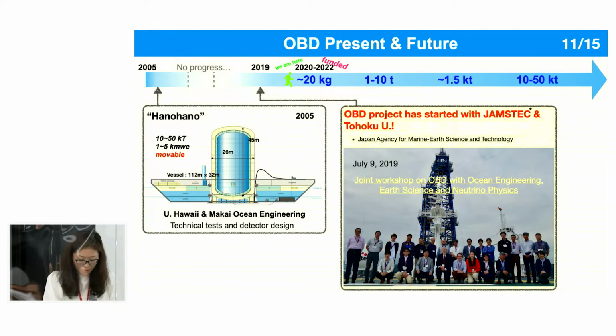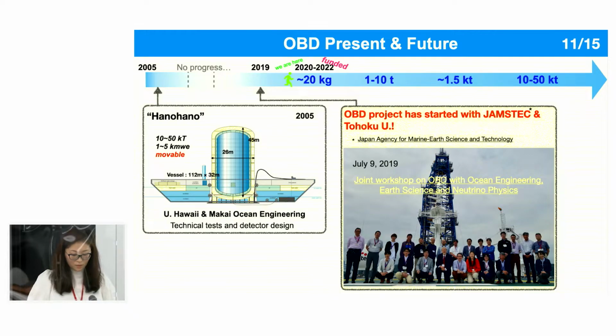Okay, so not so much time left. At the end of my talk, I'd like to mention the present status and the future of this project. The idea of measuring in the ocean itself started in 2005 in Hawaii.